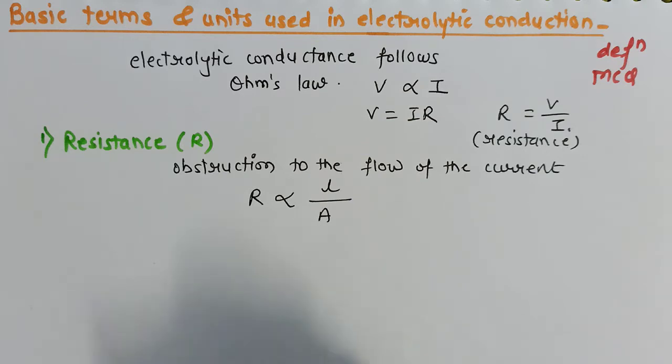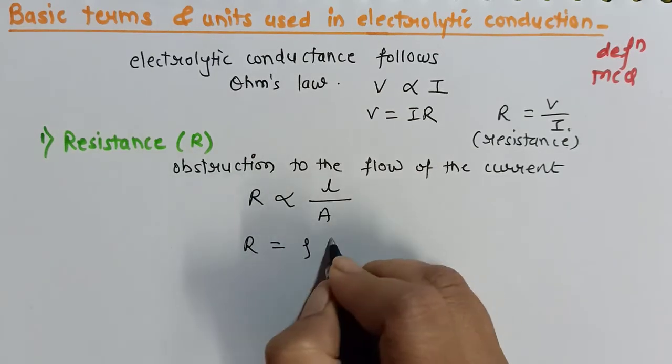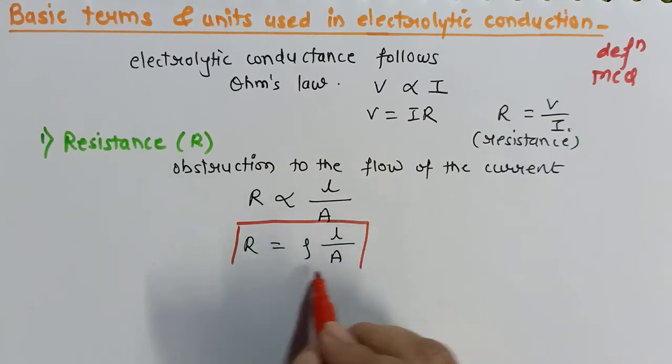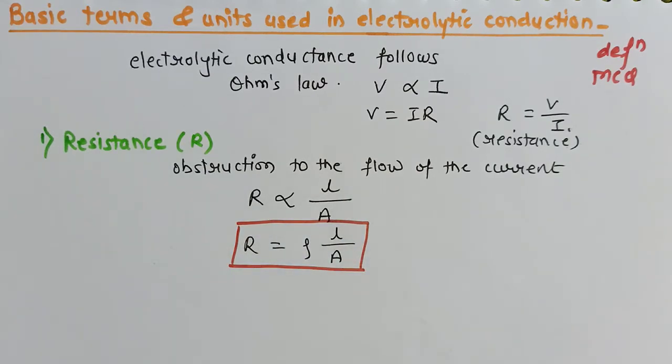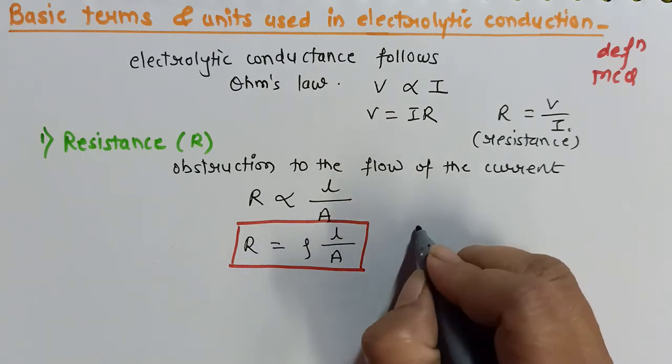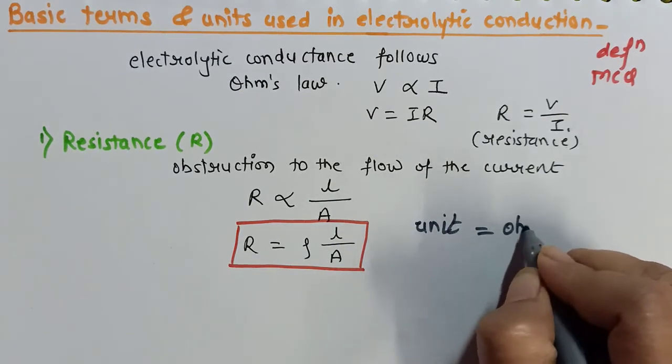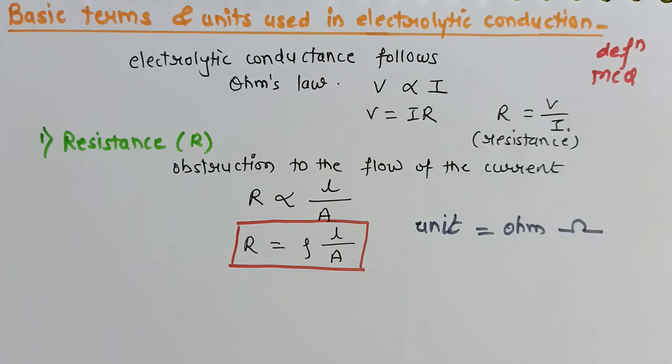We introduce the proportionality constant. So R equals rho L by A. Rho is called specific resistivity, which we'll be discussing later. But this is the formula that you have to remember: R equals rho L by A, where R stands for the resistance, rho is the resistivity, L is the length, and A is the area of cross section. Now what is the unit? The unit is ohm.